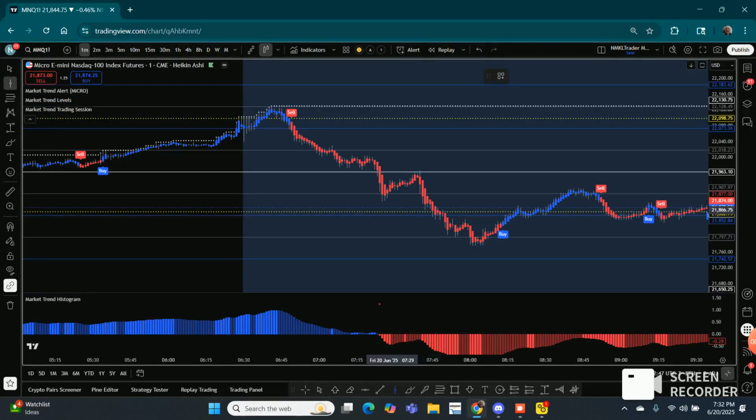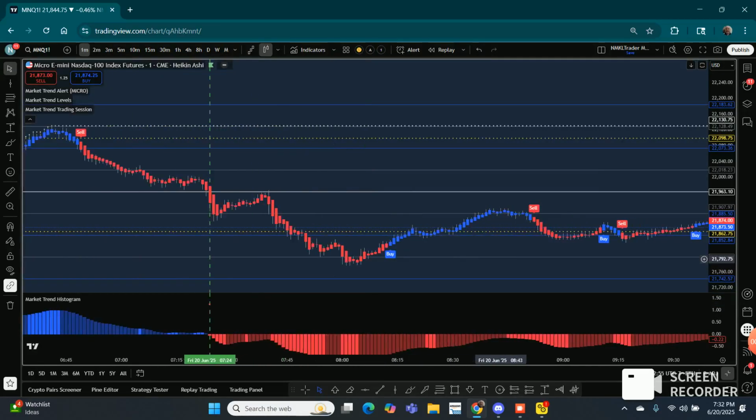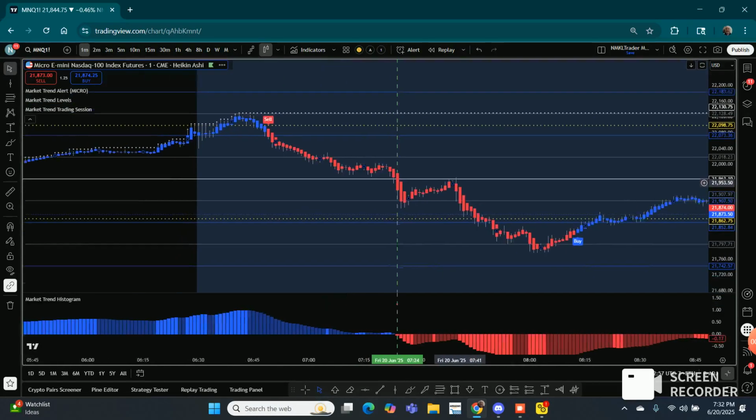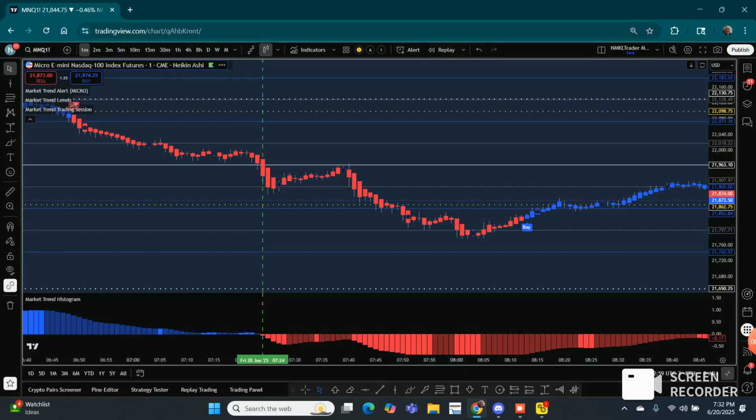All right, so the first opportunity we got to trade this morning is right here, okay? Now, I'm going to drill in a little bit closer so you can see this in what I call my action. Now, keep in mind, I cannot go in here and replay trades because I'm using Heikin-Ashi candles in TradingView. It just won't let you do it, which doesn't bother me because I'm going to show you how this actually works.